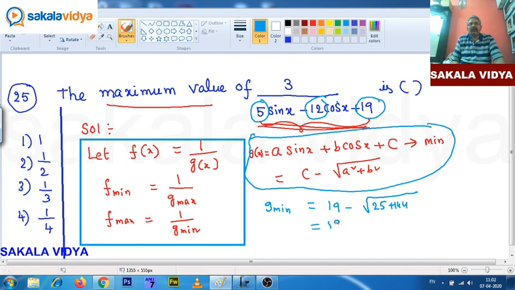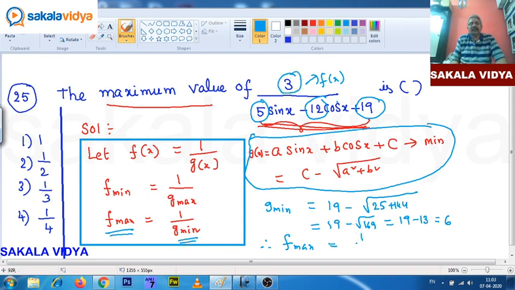This is 13, root 169. 19 minus 13 is 6. Now, say this function is f of x. Therefore, we need to find f max. F max is equal to 1 by g minimum. Here already we have 3 in the numerator, so 3 by 6. So, the answer is 1 by 2. That means the second option.